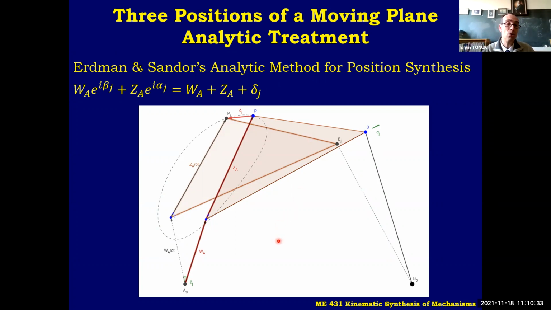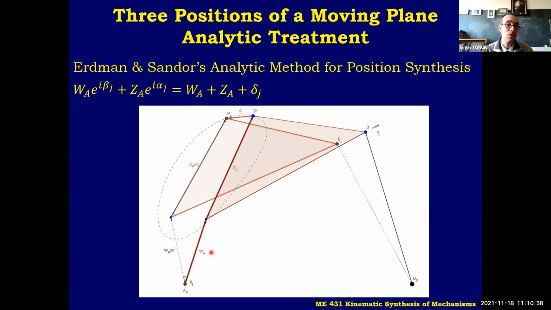Suppose in the first position of your 4-bar, but keep in mind, you don't know the 4-bar, you are trying to find it, okay? What happens is you have a crank, which is represented by a vector or complex number WA.